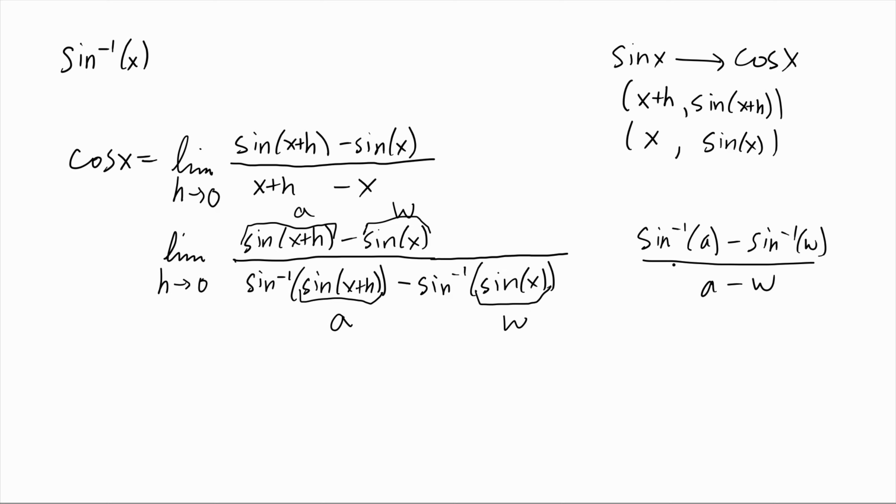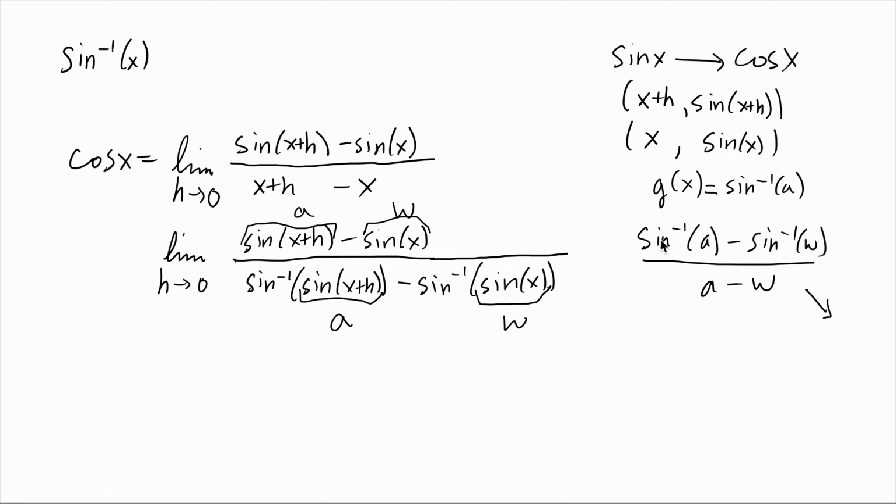That's what we want. So let's give a name for this, assume that g of x is equal to sine inverse of x. Then this thing will limit to, as a approaches w, right? a approaches w when h goes to 0. So as h goes to 0, a will go to w.